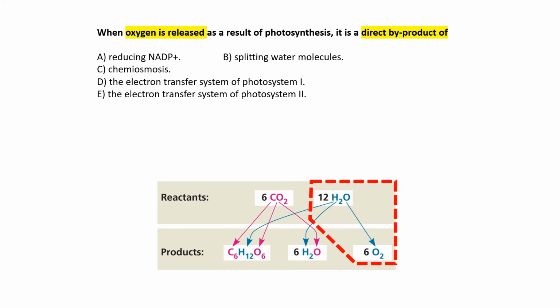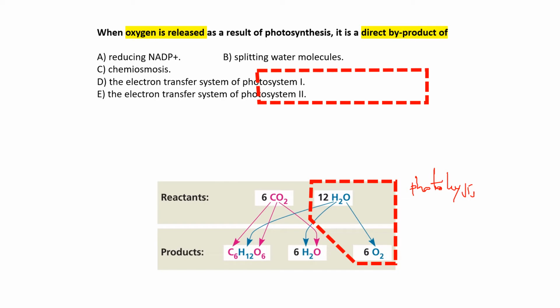Here you have the water, and there is a process called photolysis. That is the breaking of the water using light. So the correct answer will be splitting the water molecule. Here you see that the oxygen is released as a result of that.